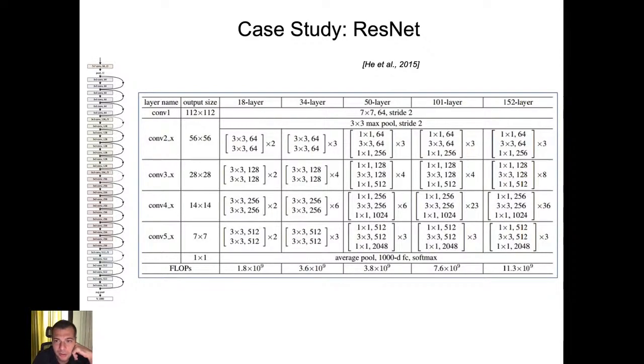This is a table description of their neural architectures. You can see their model where they replaced these convolutional blocks with those used in GoogleNet, and how many blocks of this kind they use. They use 3 residual blocks with this configuration, then 8 residual blocks with this configuration, and so on.